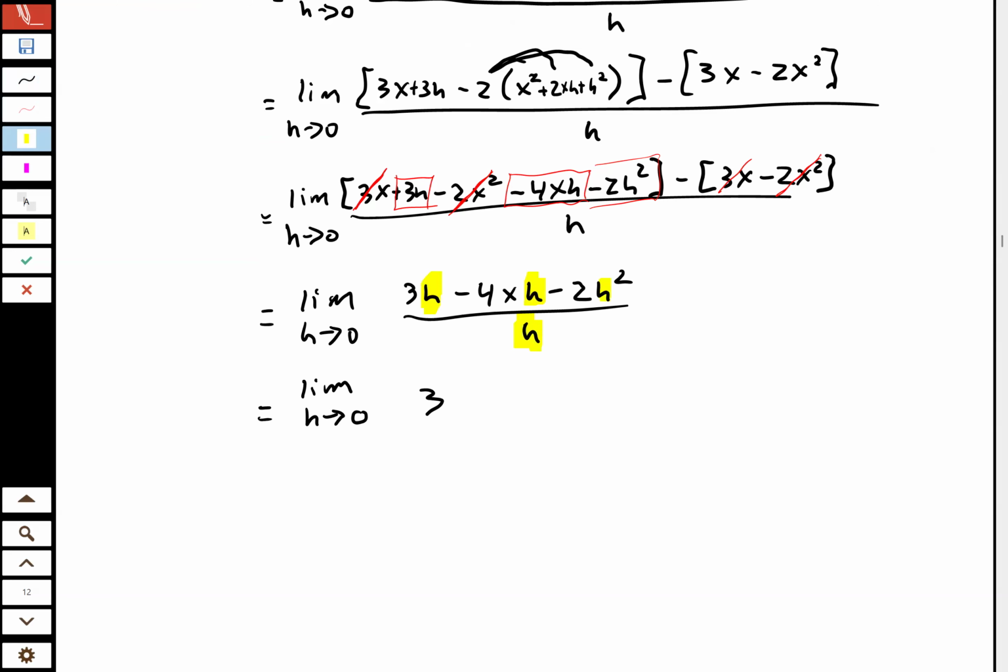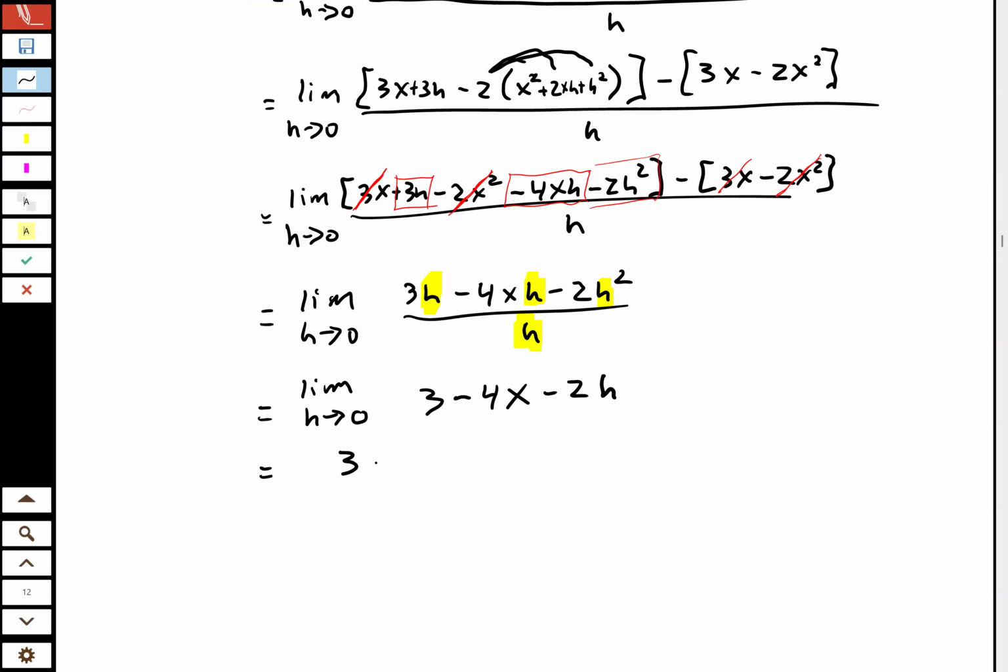I'm dividing that h out. H's cancel in the center. That leaves me with 4x. One of the h's cancel here at the end. So you used to have h squared. I still have one h left. So that's 2h to the first power, or just 2h.